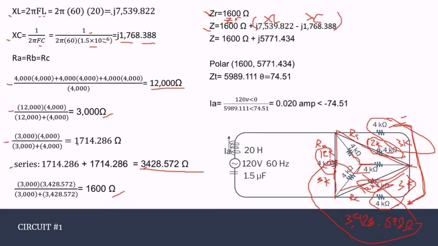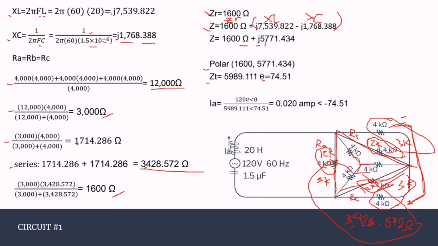So we're going to have J 5,771.434. They have different units. They can't be solved together. So we're going to use polar to find our Z total and our angle.